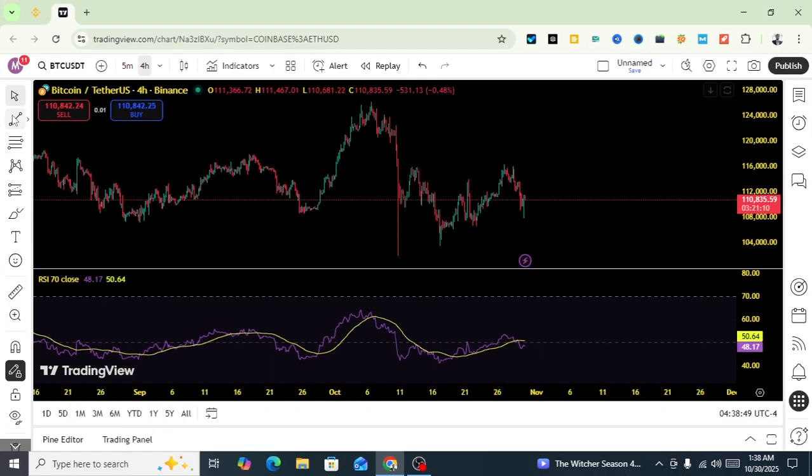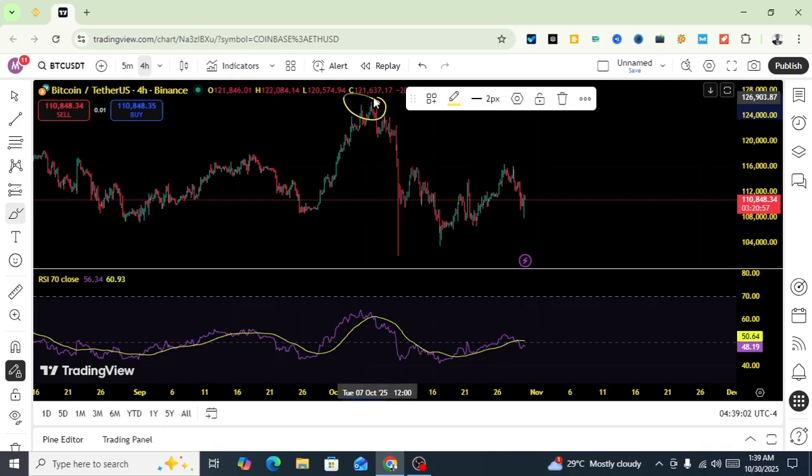If we practically see it, this is the point where the indicator is showing overbought, because this is the middle area.